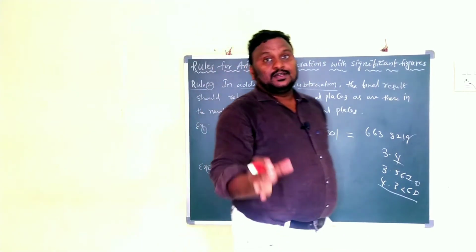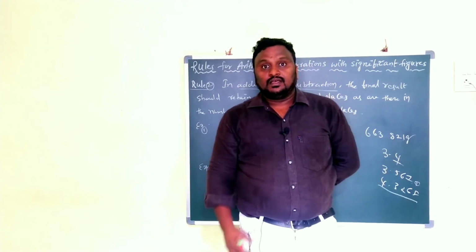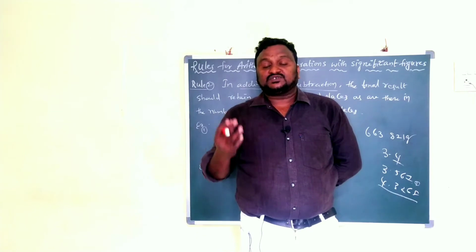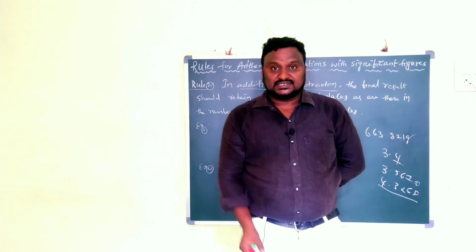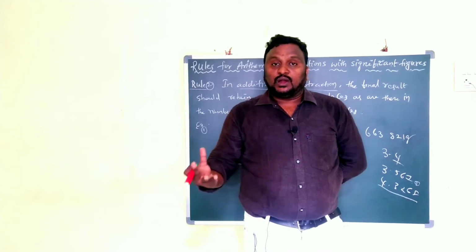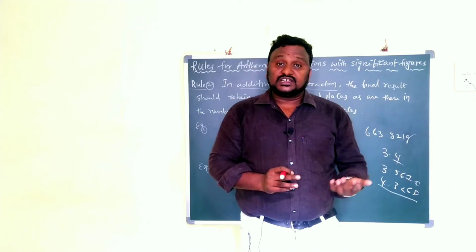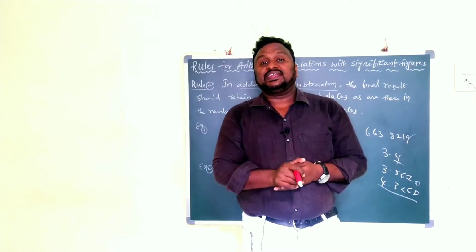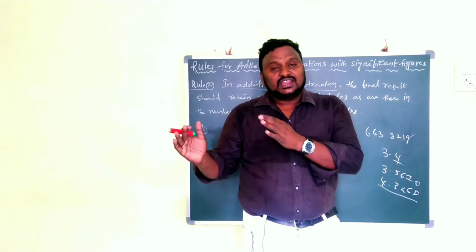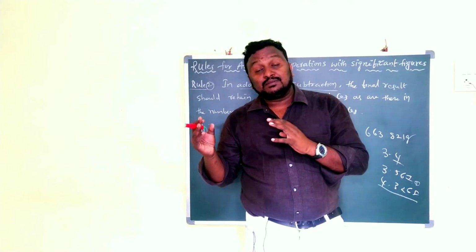So in a given number we have to check how many decimal places there are. For example, x1 plus x2 plus x3, where x1, x2, x3 are numbers. In each of x1, x2 and x3 we have to check how many decimal places there are. Then we select the number that has the minimum decimal places.